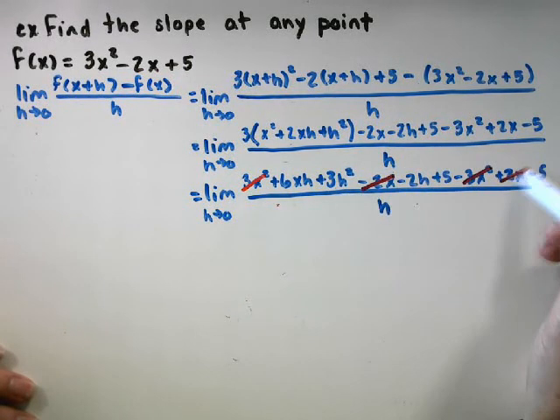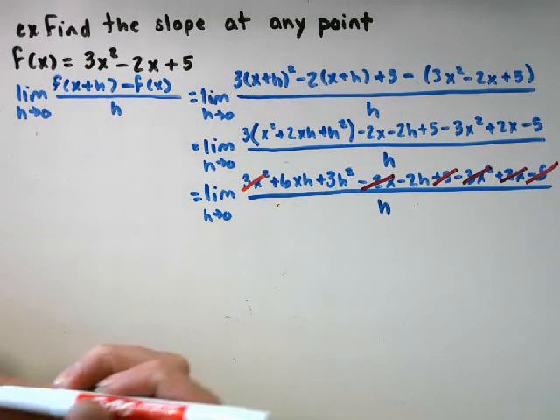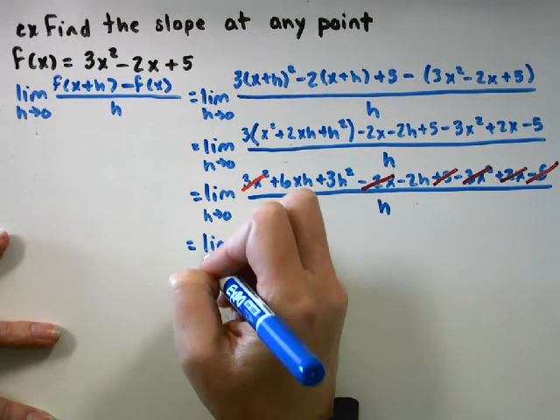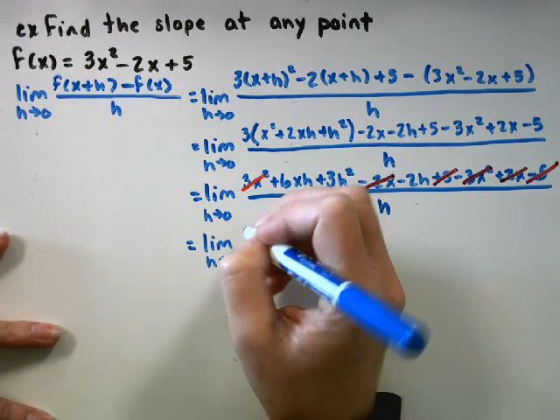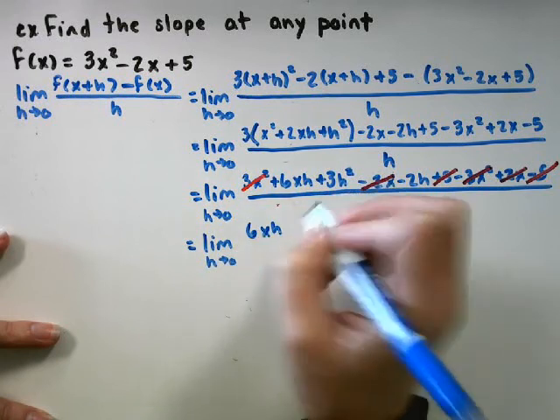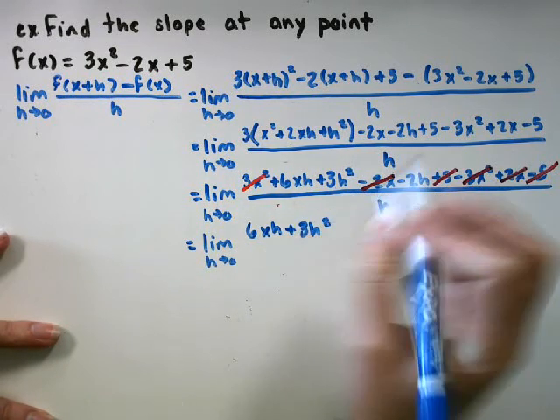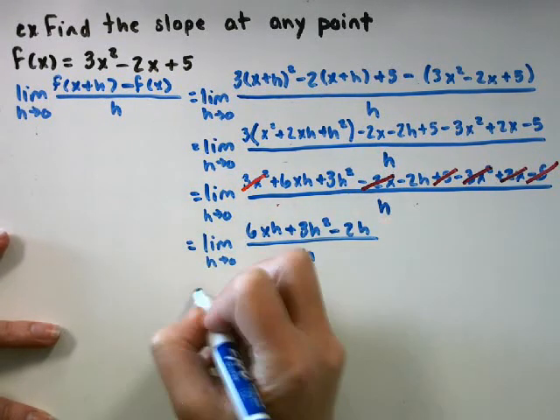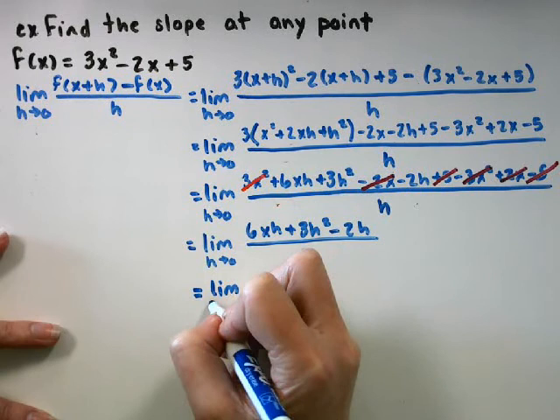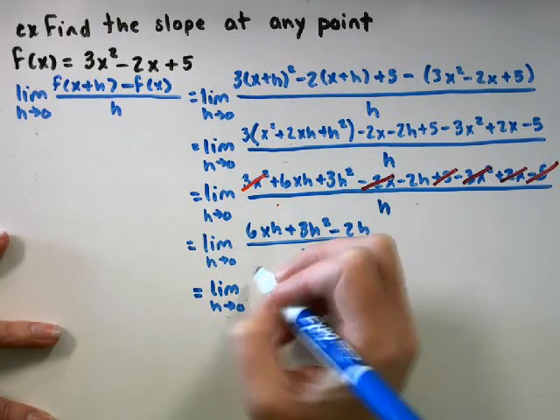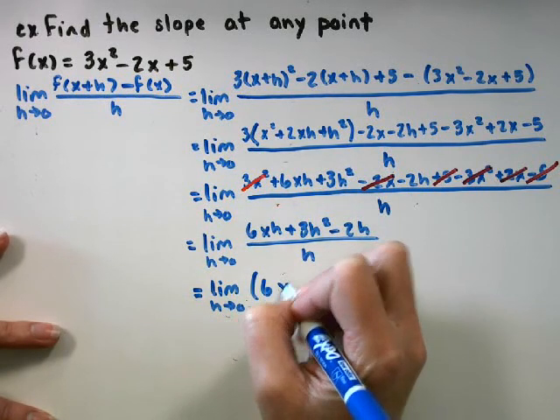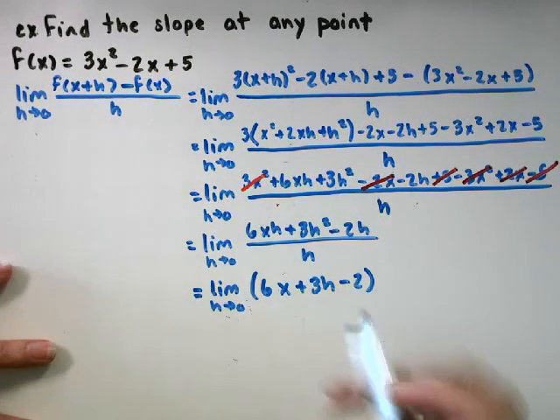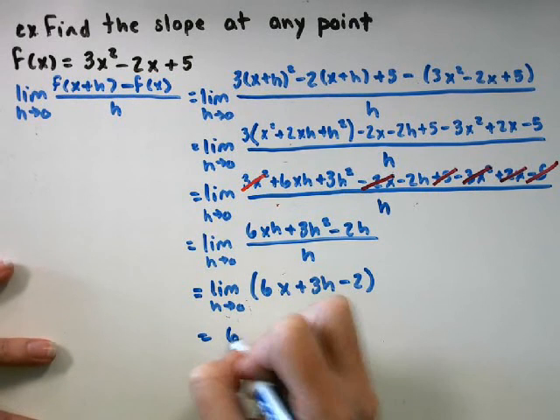So we're left with 6xh plus 3h squared minus 2h over h. So everything can be divided by h, so we have 6x plus 3h minus 2. As h goes to 0, that is 6x minus 2. And then we can use that to find the slope at any point on this curve. So that's how we find the slope of tangent lines.